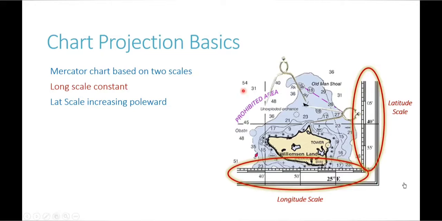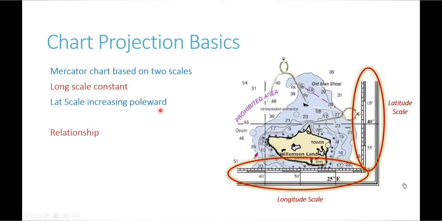How does it vary? The latitude scale increases when we go in higher latitudes, or the latitude scale increases while going towards the pole. So as you move away from the equator and you go towards the poles, you will see the length of 1 minute of latitude keeps on increasing.